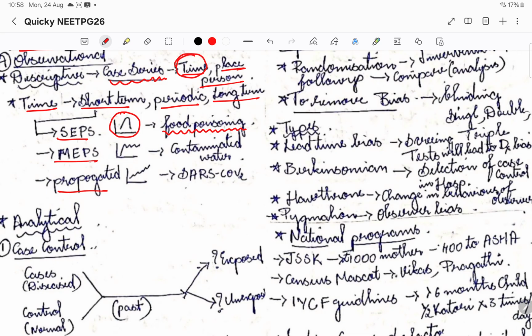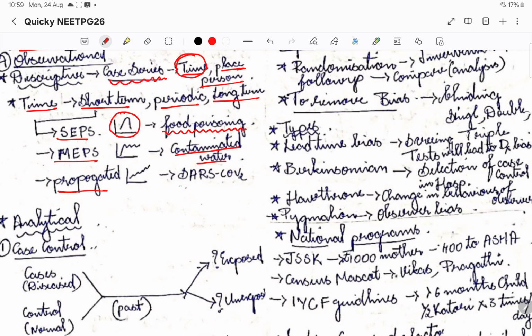Coming to multiple exposure, it is going to be contaminated water, for example cholera. It is not a single day or a single time that it occurred, right? On this day some of them contracted it, then second day, third day, in that way. So it is multiple exposure.